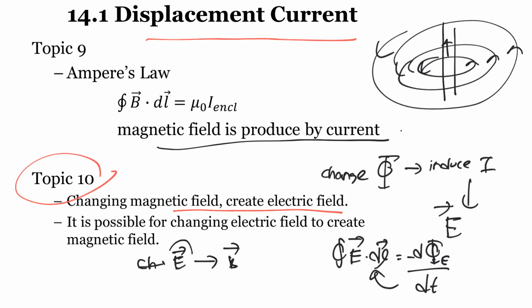Therefore, we are going to derive a formula where the change of electric field produces magnetic field, because Maxwell stated that if a magnetic field can be produced by current, definitely a magnetic field can be produced by a change of electric field.